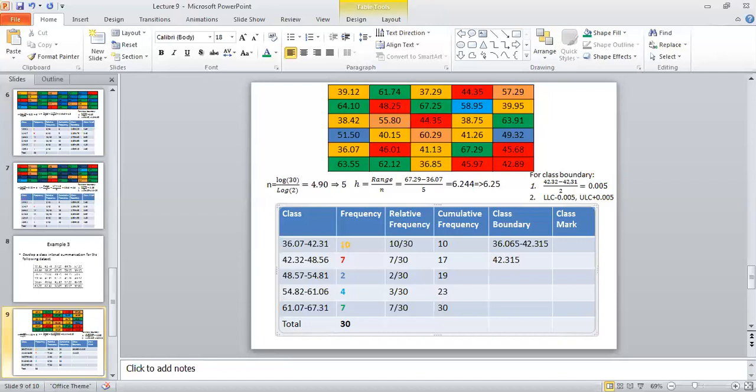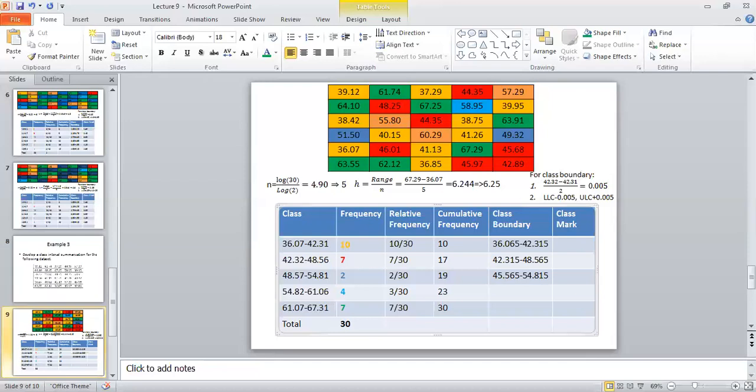Then 48.56 plus 0.005 gives 48.565. Similarly, 48.57 minus 0.005 is 48.565, and 54.81 plus 0.005 is 54.815.